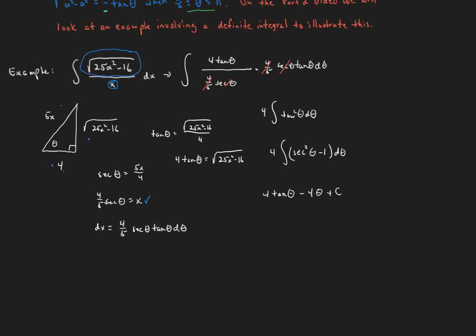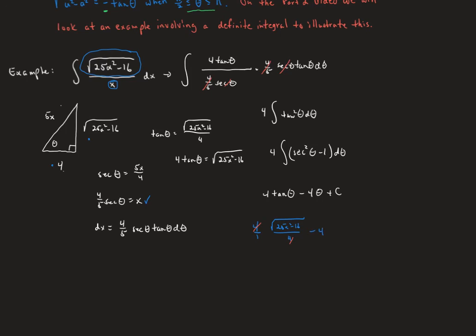This is interesting. We've not seen this before. Now we're going back to our triangle. So the tangent of theta is opposite over adjacent. So that's going to be that square root of 25x squared minus 16 all over 4. It's kind of convenient. We'll get to cancel that. And then minus 4 times theta.